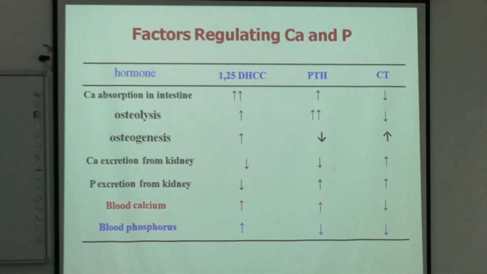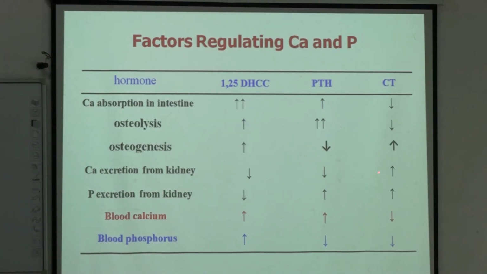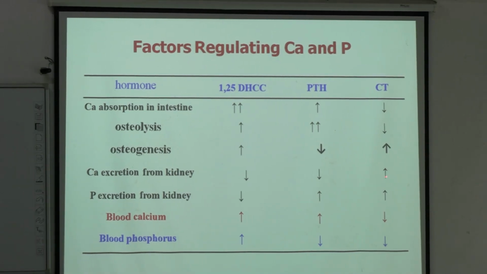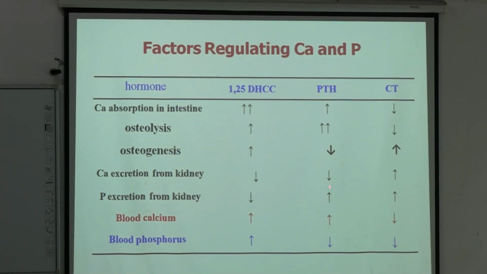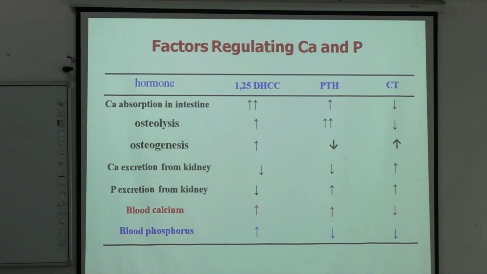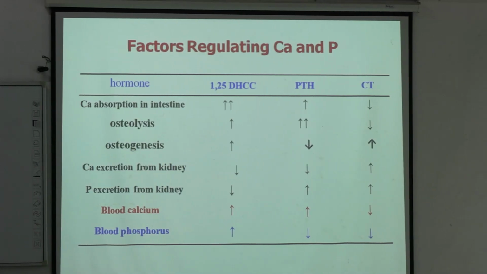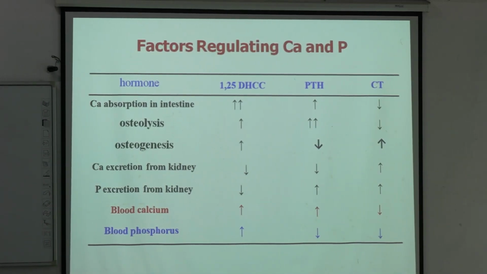Phosphate excretion from kidney: again, calcitonin has a similar effect on phosphate, whereas PTH has the opposite. That's why if you have excess parathyroid activity, hyperparathyroidism, you have hypophosphatemia, less phosphate in blood. If you have hypoparathyroidism, you have the opposite, hyperphosphatemia.